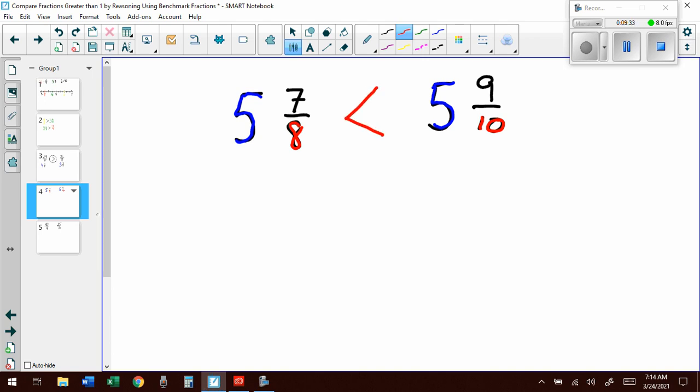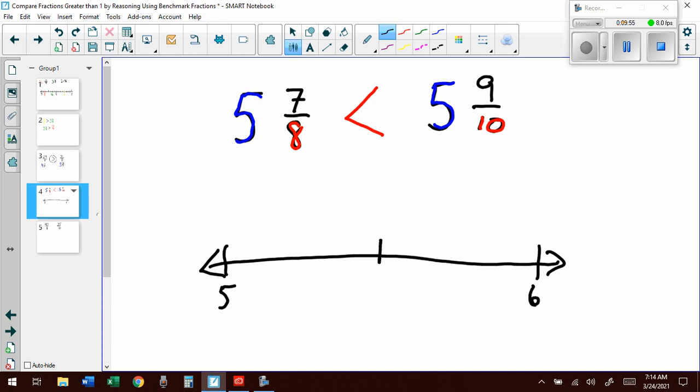So 5 and 7/8 is less than 5 and 9/10, because if we were to picture this on a number line, we have between 5 and 6.